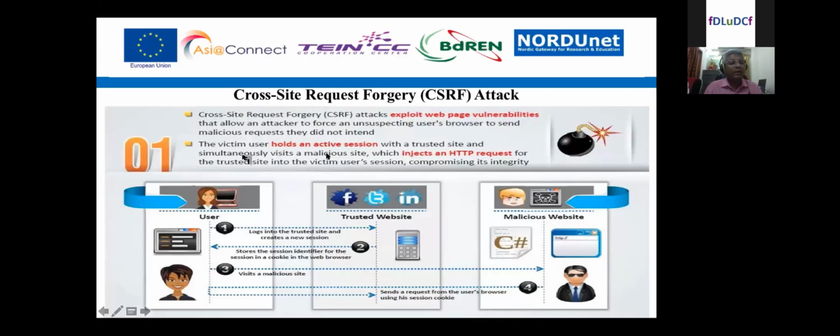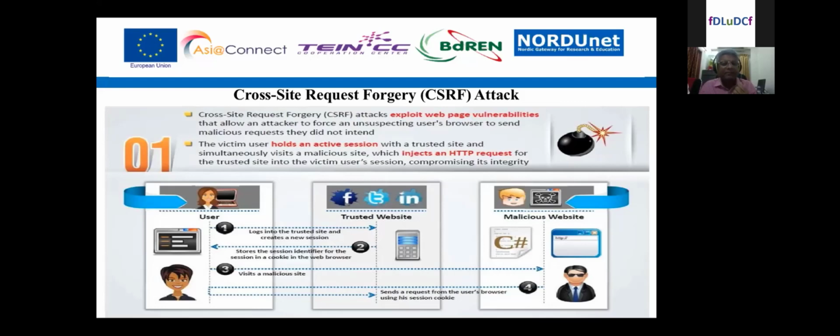So in the cross-site request forgery attack, the attackers will try to exploit the vulnerabilities of the web page. How will they do it? When the victim users have an active session with the trusted site, at the same time the attacker will try to connect them with the malicious site.